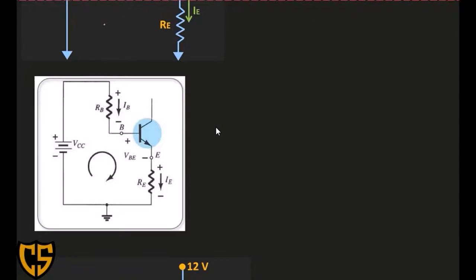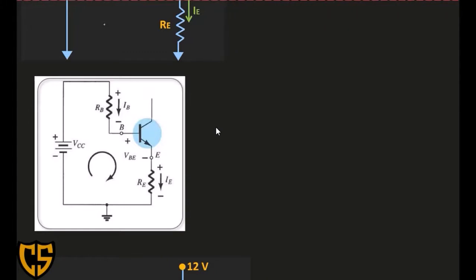Okay, we are going to analyze the input loop. The parameters in our input loop are the following: we have your VCC, IB, RB, we have your VBE, and we have your RE.